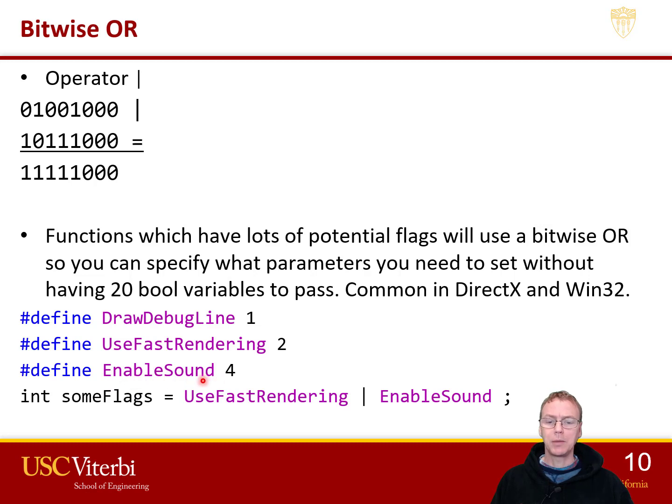And then I've got enable sound as the next bit. So these 3 bits here, all apparently set to false, have these meanings. And how you would use the OR to combine them is simply, say I want use fast rendering and I want enable sound. So I OR those 2 bits together and I'll get the combined flag.